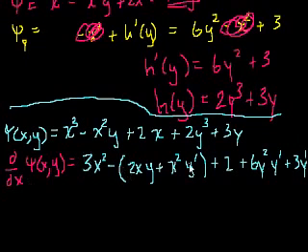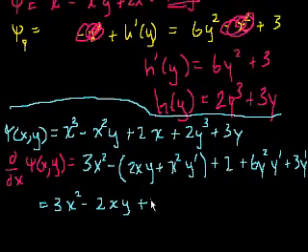And let's see if we can simplify this. So we get this is equal to 3x squared minus 2xy plus 2. So that's this term, and this term. Plus, let's just put the y prime outside.